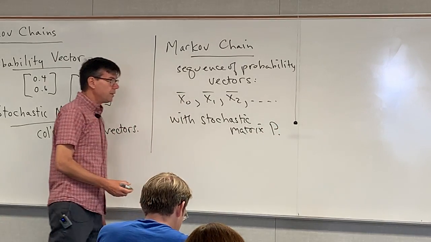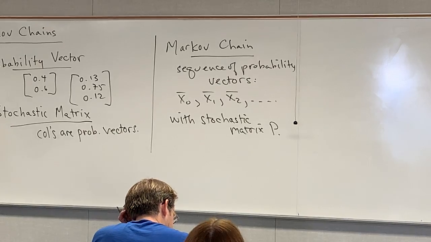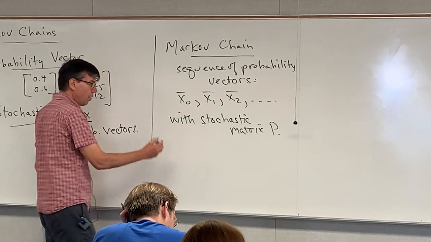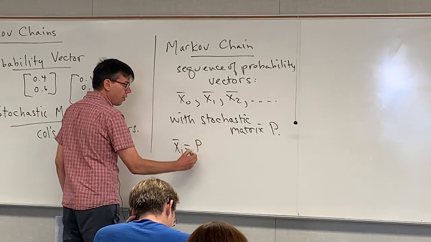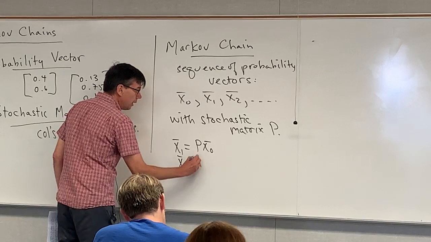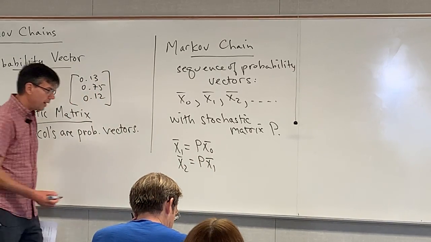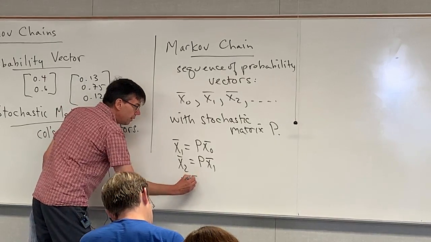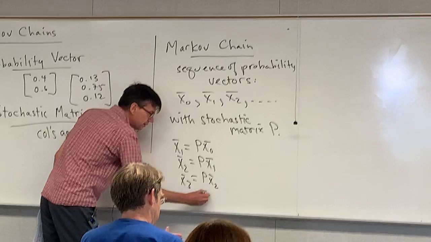It's the stochastic matrix that really is the glue that holds everything together, because what has to be true is that x1 is the stochastic matrix P times x0, x2 is P times the x1 vector, x3 will be P times the x2 vector. So there's this chain of events.